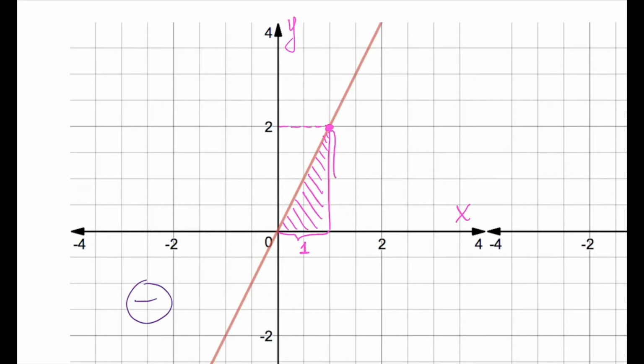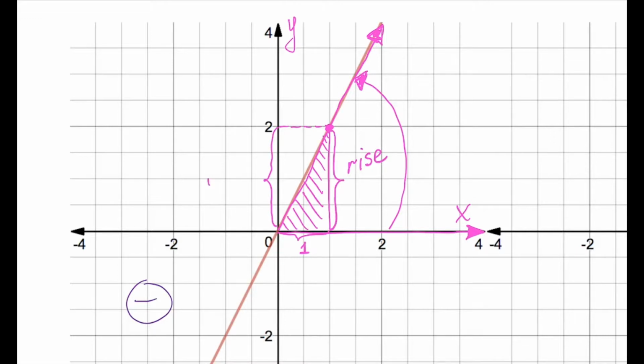This side of the triangle is called rise. This is a rise of our graph. This is how much it rose in terms of y from 0. If my line were horizontal, it would look like this, but my graph line is actually pointing this way, so it rose a little bit. It rose exactly 2 points for y right here. That's my rise.